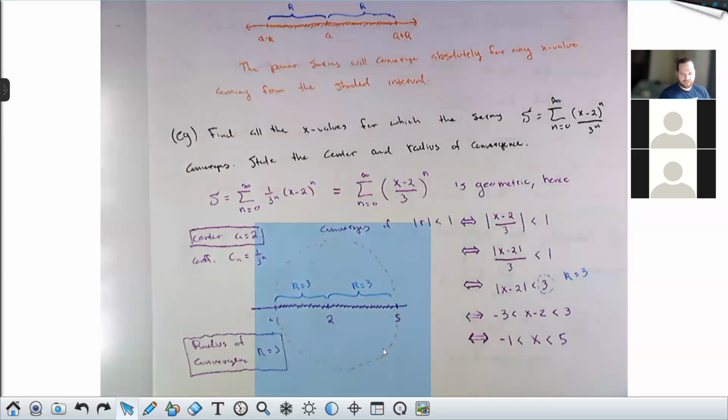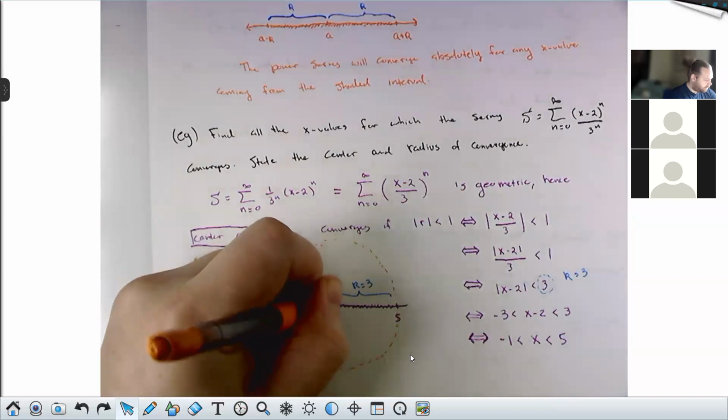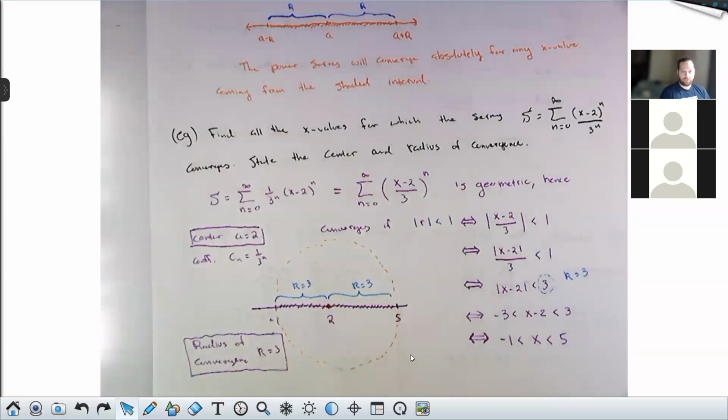We would have a disk of convergence, and that disk would be centered at the center, and it would have the radius 3. So this series, sure, it converges if you plug in any real number x between -1 and 5.